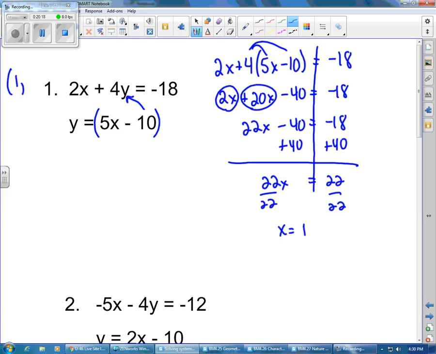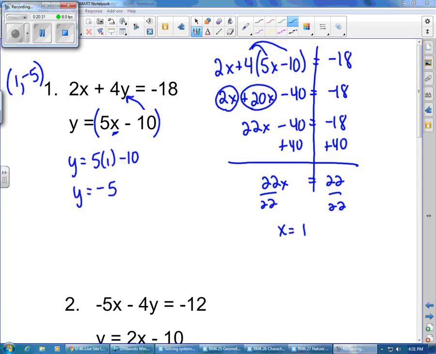Now take that x equals 1, substitute it in for the x here. Pause the video, see if you can solve for y. Okay, y equals negative 5. Now you can use those answers, check them in the other equation.